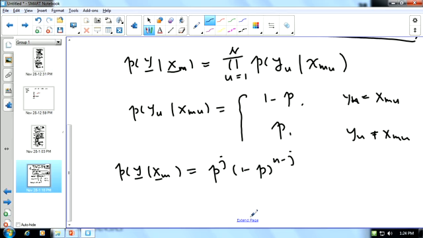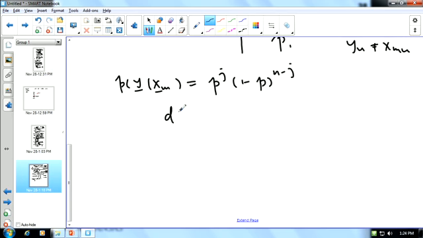Okay, we assume that the Hamming distance between y and x is j. So we have two binary vectors, and we can easily measure how many bits differ between these two binary vectors. Let's say it's j, then our likelihood function is going to be like this. Okay, any question?